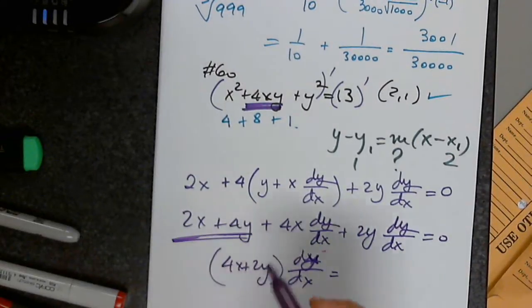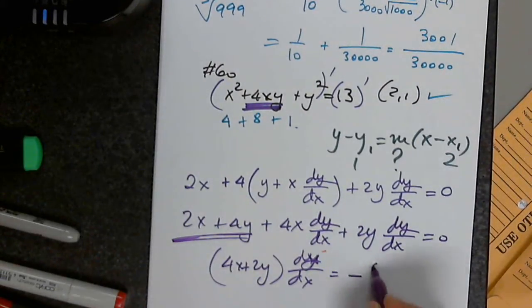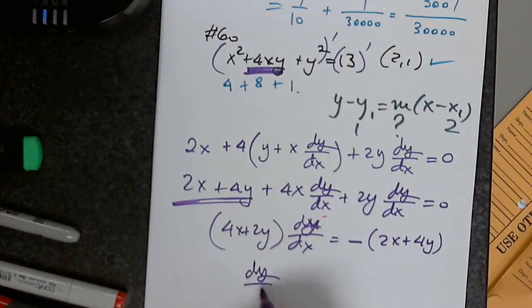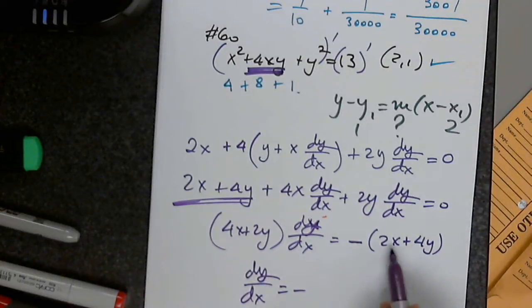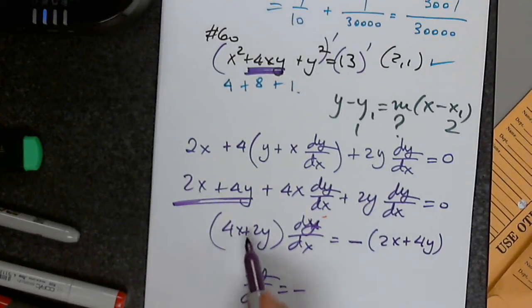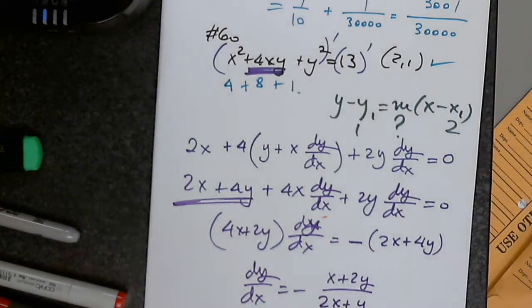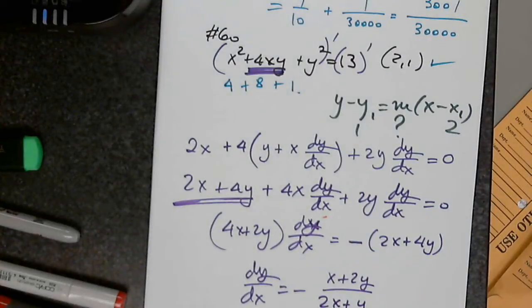But I have to move these two to the other side so they become negative. So finally dy over dx will be negative. I factor out the 2 from the top and the 2 from the bottom. So I have x plus 2y over 2x plus y. So I found an expression that represents dy over dx.